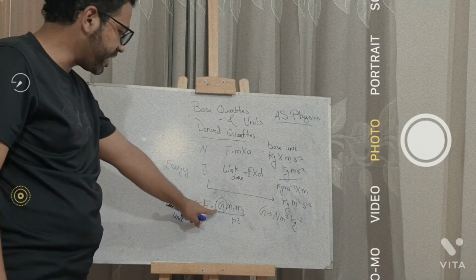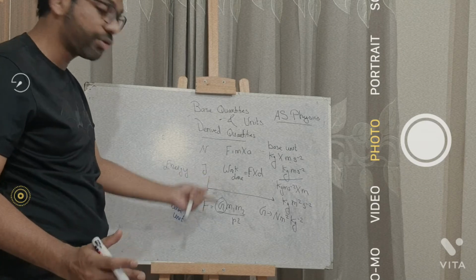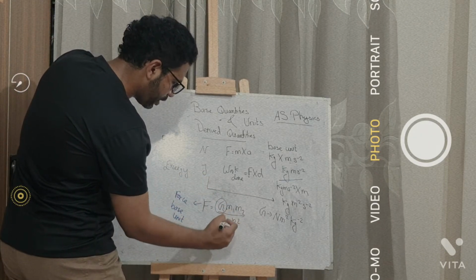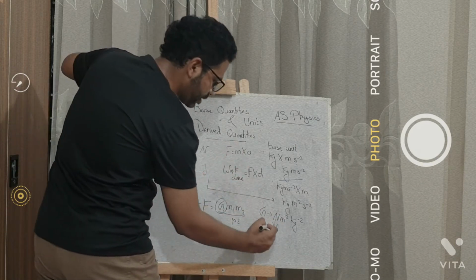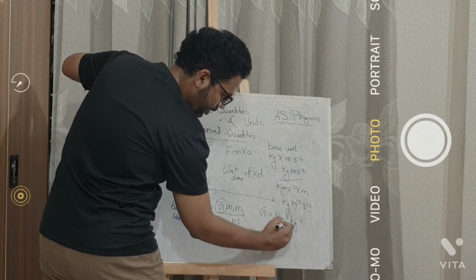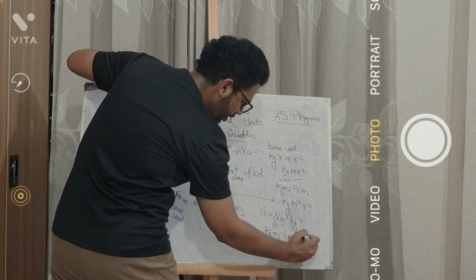Now you'll have to break the entire thing down and find out what the base unit of force comes out as. So if you break it down, first you break down Newton. You cannot have it in the derived unit. So Newton is kg meters per second square. Then you have another meter square here, and then you have per kg square here, right?